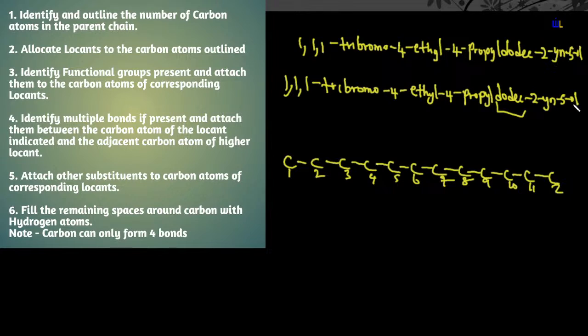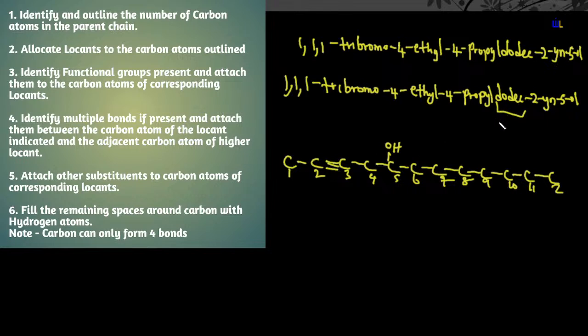This is -ol, which is hydroxyl, and is on number 5. So put OH here. Then we go to the multiple bond, 2-ine. Ine is for triple bond, and it is between 2 and 3.